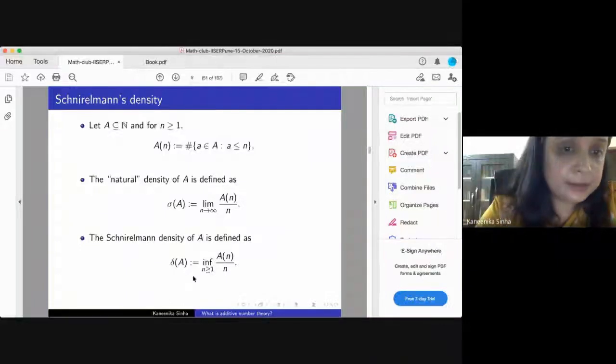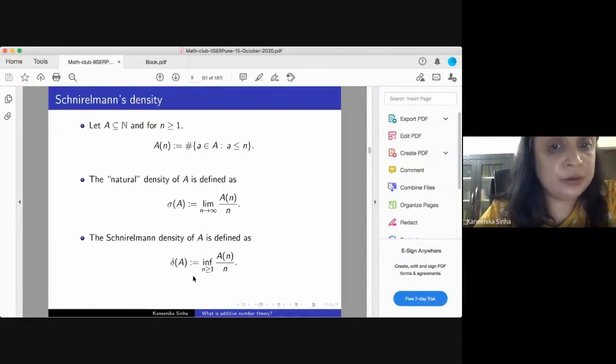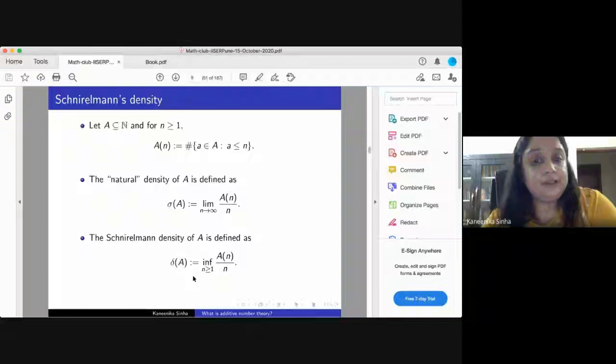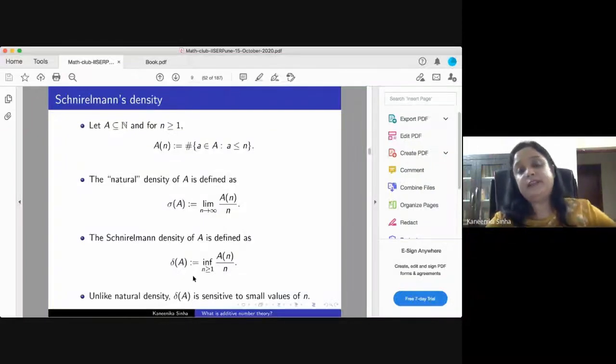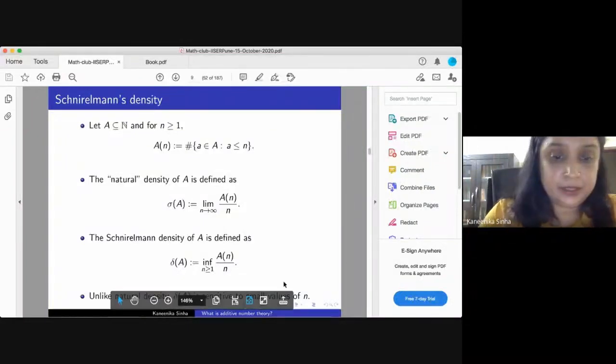So the difference between Schnirelmann density of A and the natural density of A is that the Schnirelmann density takes into account very small values of little n as well, whereas the natural density is concerned with the limit for very, very large values of n.